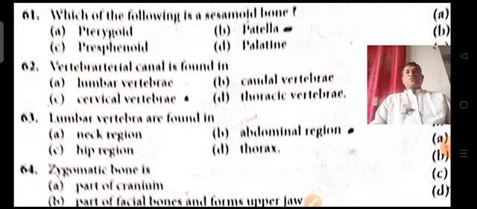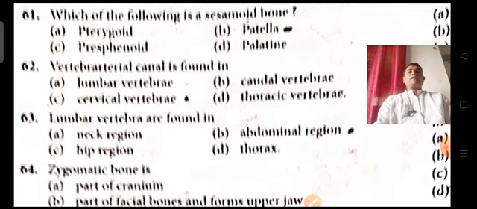Next, vertebral canal is found in lumbar vertebra, caudal vertebra, thoracic vertebra, and cervical vertebra. Lumbar means just below the rib cage on the backside. Caudal vertebra means sacrum and coccyx.